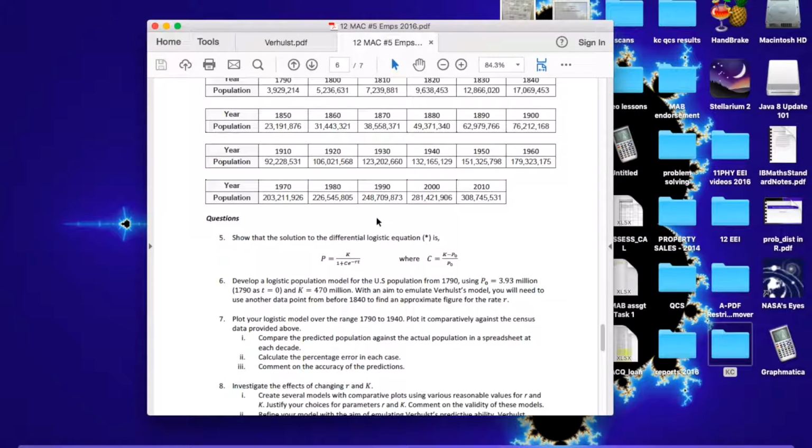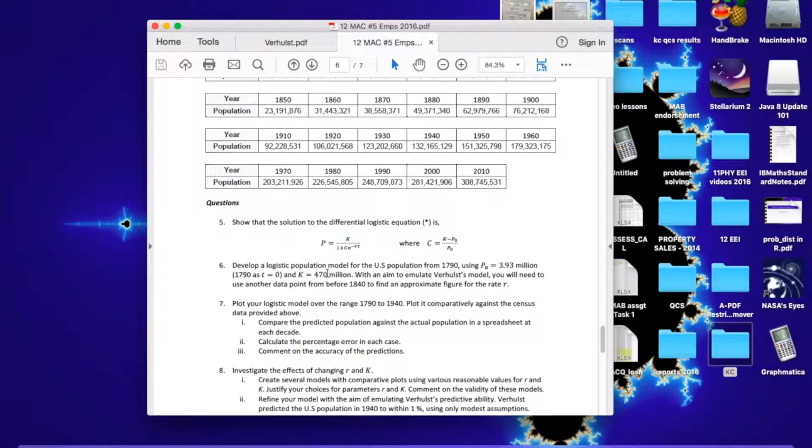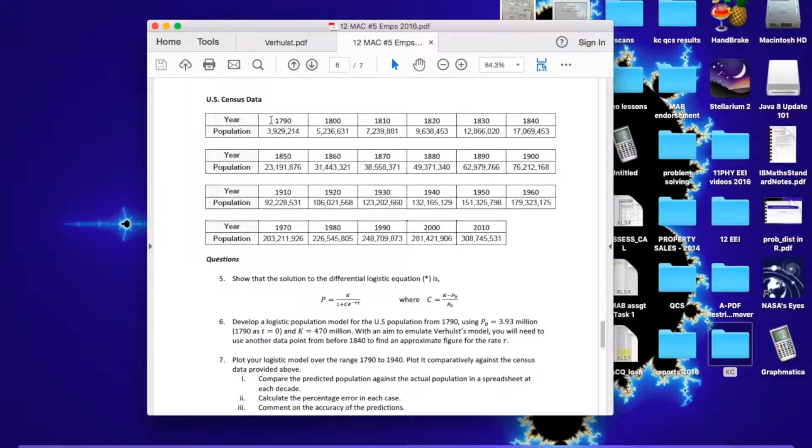Okay, so you can see in here that some of the parameters are given anyway. So the carrying capacity K is given at 470 million, and the initial population at 3.93. So we're going to be using this piece of data here as the initial population. So we're going to say that the year 1790 is time 0.